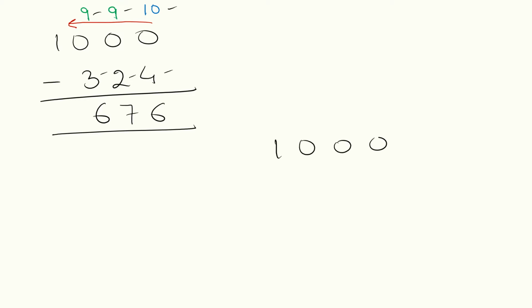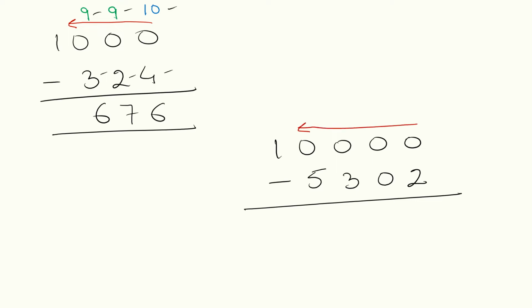Let's say we have to solve 10,000 minus 5,302. Again, we can start from left to right or right to left. I prefer right to left.